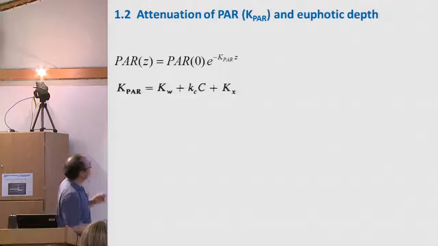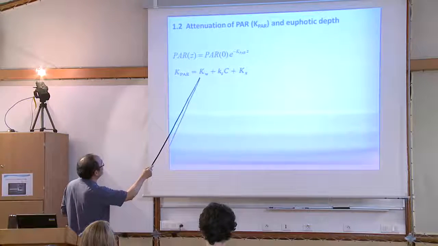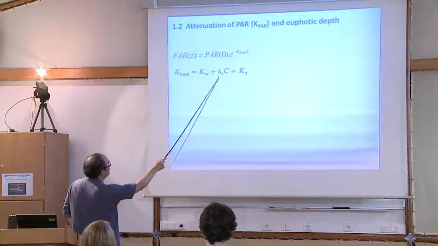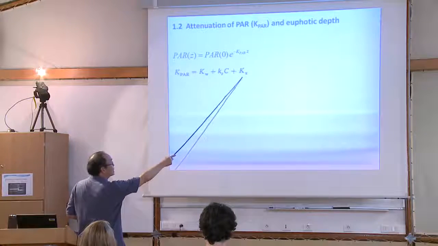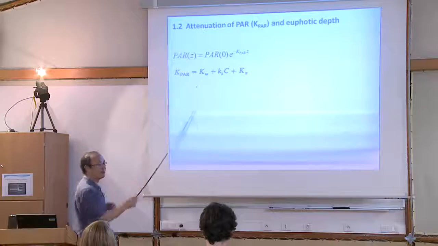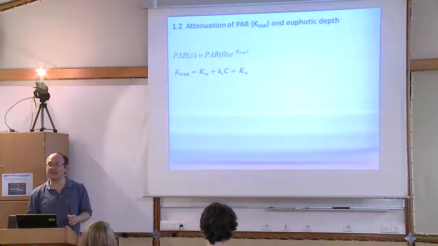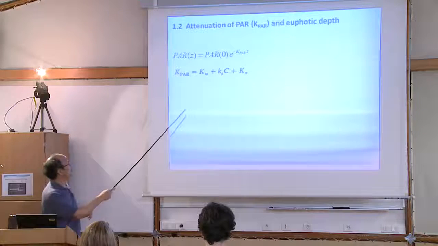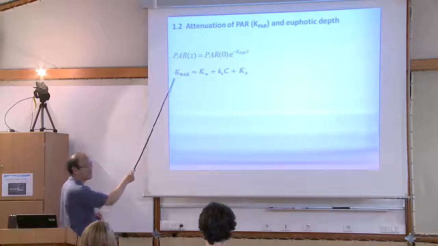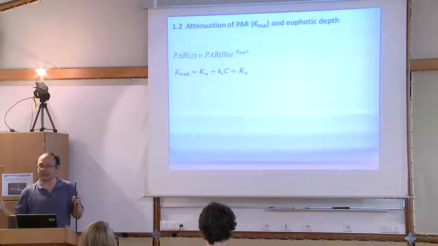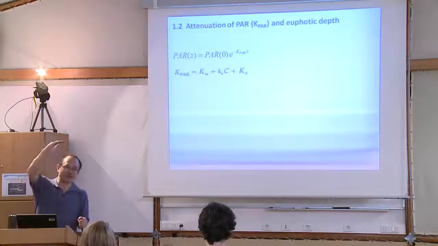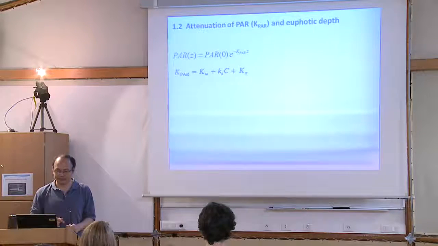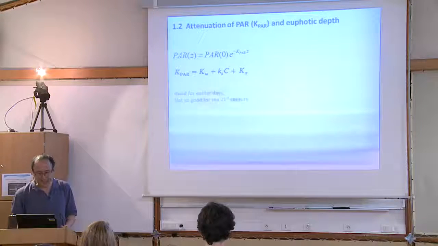Historically, this K_PAR has been written as K_W plus Kc times chlorophyll plus Kx, other components. K water is presumably a constant for the contribution of pure water to the attenuation of PAR from the surface to deeper depths.